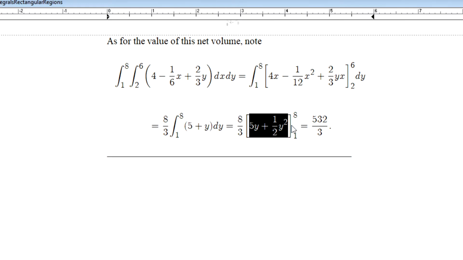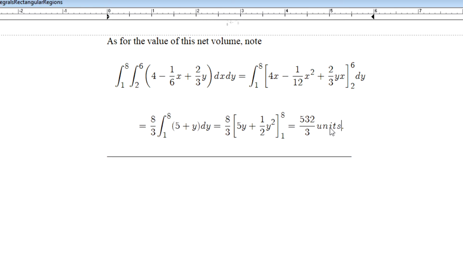Integrating that function produces this antiderivative in the brackets here, which we evaluate across the bounds from 1 to 8, substituting in 8 and taking away what we get when we substitute in the value of 1 for y. Multiplying that by 8/3 does in the end yield 532/3. Where I should probably say that's 532/3 units cubed in value.